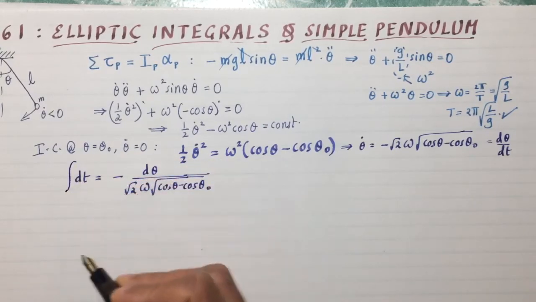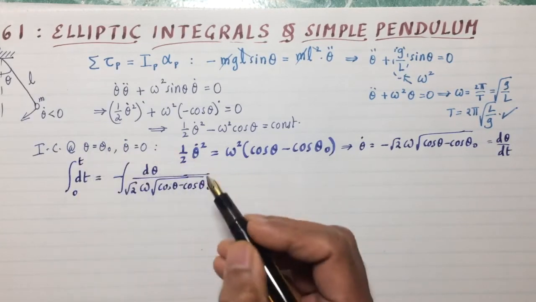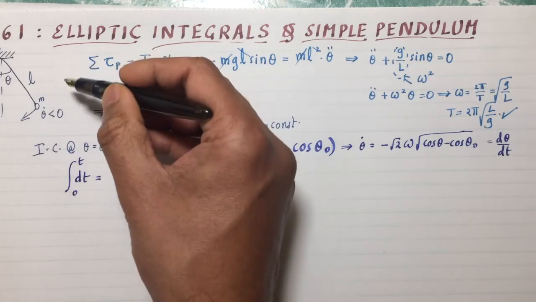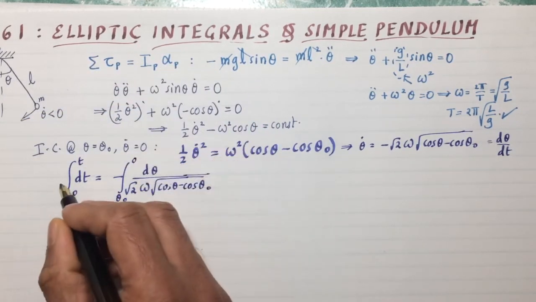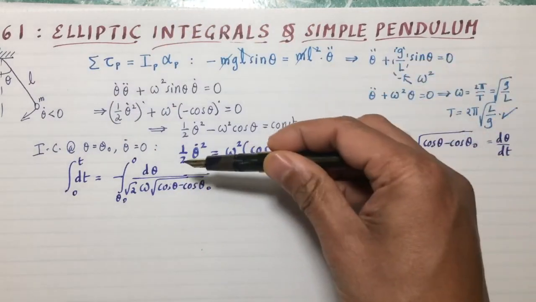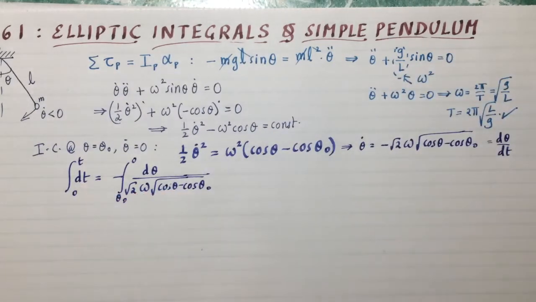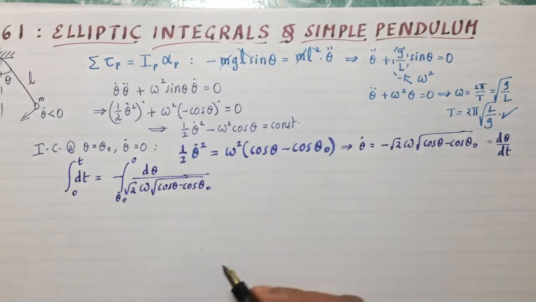And if I take the integral from 0 to t, being the time it takes to go from the top to the bottom, that gives me theta naught to 0. 4 times this is the period, because the period is the time taken to go from here to here, then here, then here, then back. So 4 times this time is the period. Let's just focus on finding this integral first, because multiplying it by 4 is not a big deal.